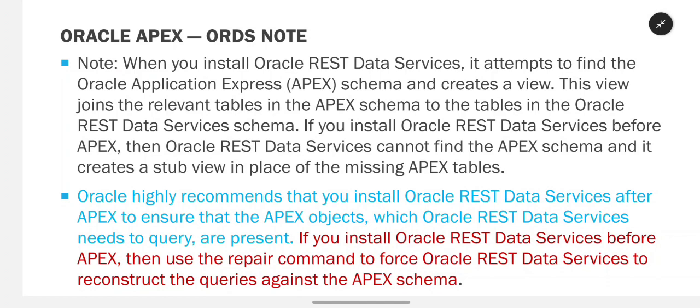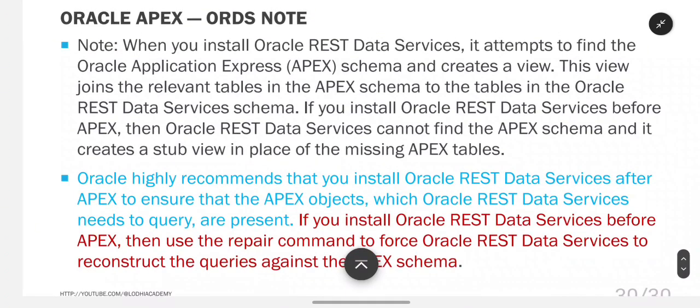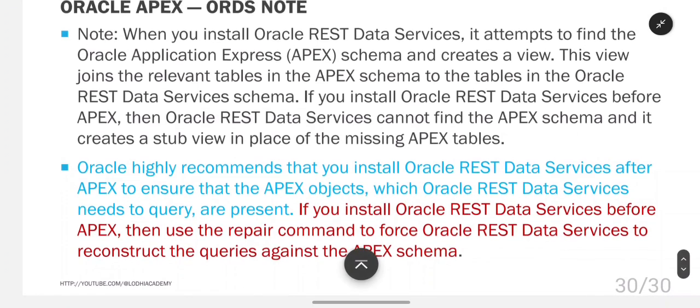Oracle highly recommends that you install Oracle REST Data Services after APEX to ensure that the APEX objects which it needs to query are present. If you install it before APEX, then use the repair command to force Oracle REST Data Services to reconstruct the queries against the APEX schema.